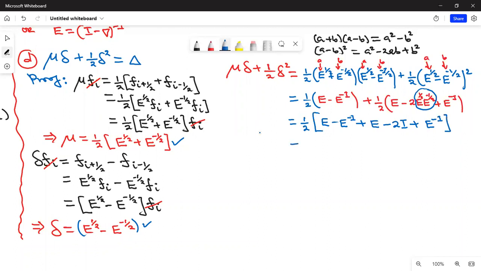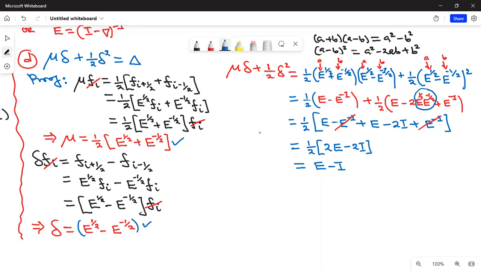Collect like terms. That is 1 over 2, 2e. Of course, this and this will cancel. So 2e minus 2 identity, which is the same as, if you factor out 2, we get e minus identity.